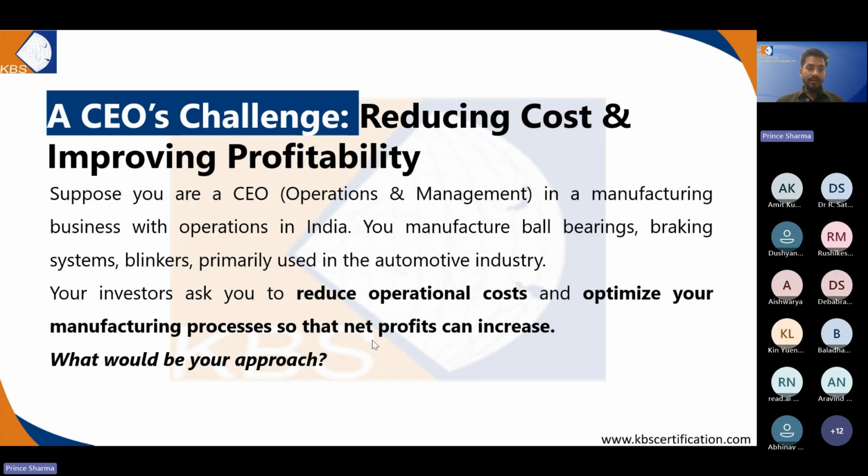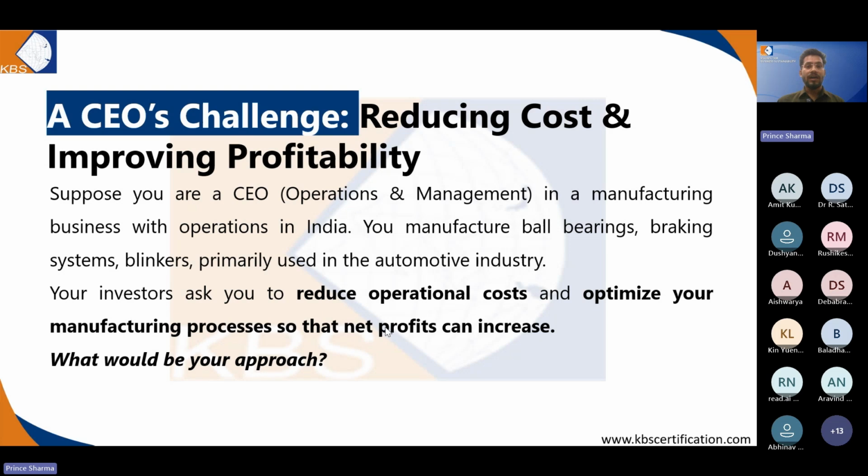And in your manufacturing business, you are handling the manufacturing of ball bearings, braking systems, and blinkers, primarily used in the automotive industry. Suppose your investors ask you, which is a very general question asked to all heads of departments or leaders in the organization, to reduce operational cost and optimize your manufacturing process so that net profits can increase. What would be your approach?